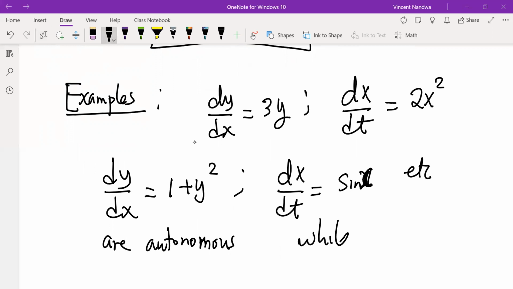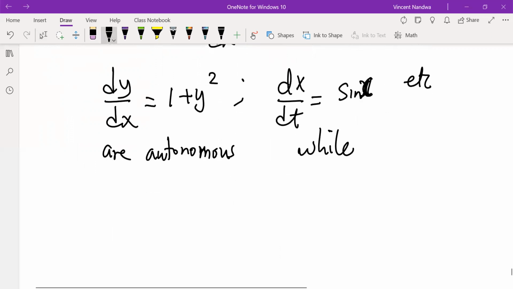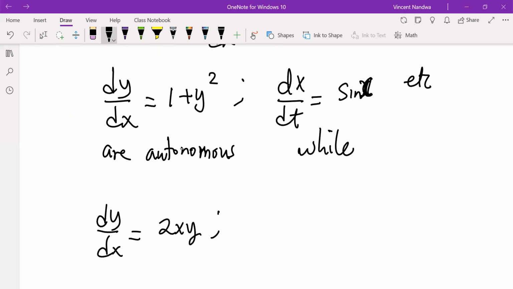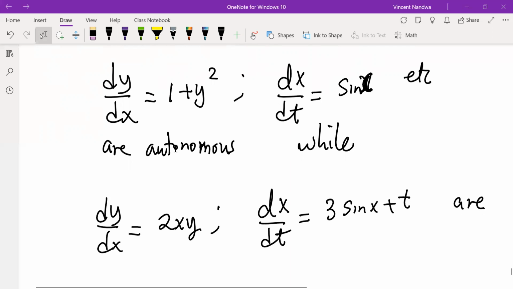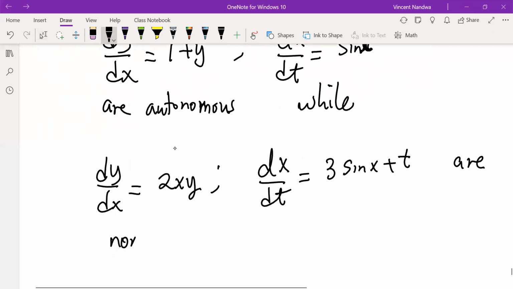While if we have equations of the form, say, dy/dx equals 2xy, or dx/dt equals 3 sine x plus t, these are non-autonomous.